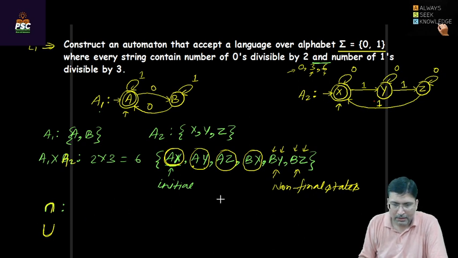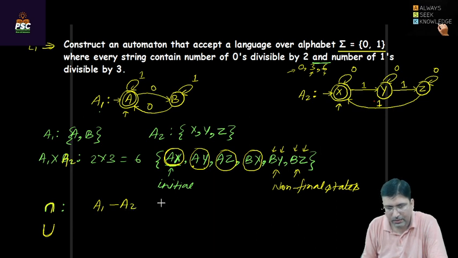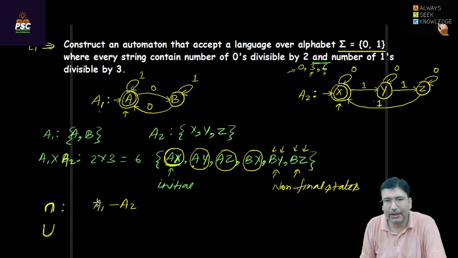Right. Then if we are performing difference, so let's say I am performing A1 difference A2, that means we are accepting all those strings that are in A1 but not in A2.